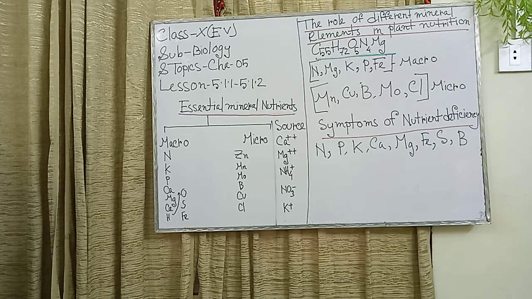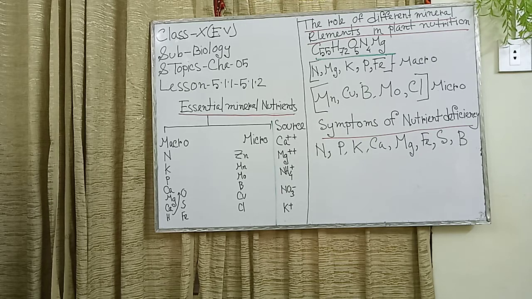Other elements are absorbed from the soil through roots. These elements are found in the soil in the form of different salts. Plants cannot absorb them as salts directly. They are absorbed in ionic form such as Ca++, Mg++, NH4+, NO3-, K+, etc.